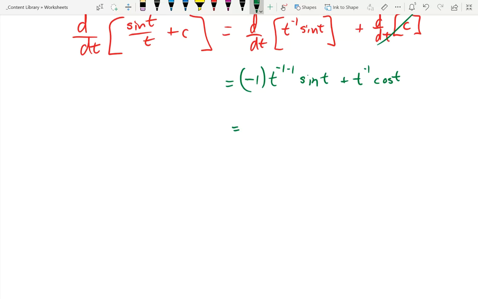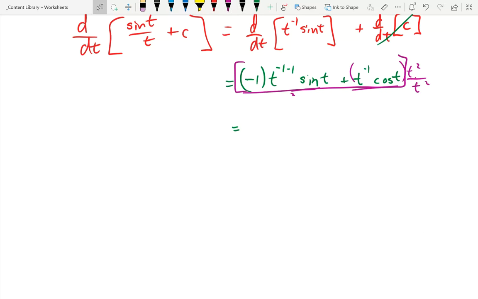So notice this term was t to the minus 2. And so I'm going to multiply top and bottom by t squared. Why are you doing that again? Okay, I should have done it like this.